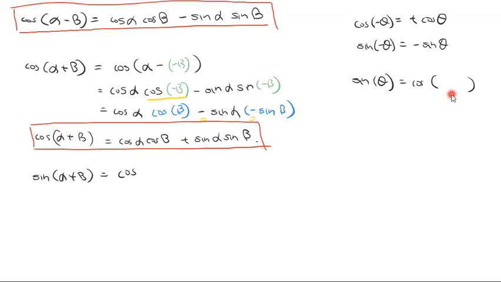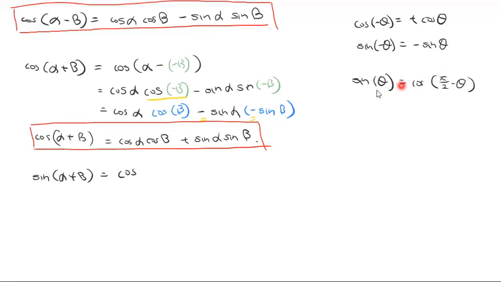Is it pi on 2? Pi over 2 minus theta? Yeah. So you're used to going from this side to the left, right? You're used to saying cosine of pi over 2 minus some angle is in quadrant 1, so it's positive, and it becomes sine. You're used to going that way. In this question, I'm going from left to right.